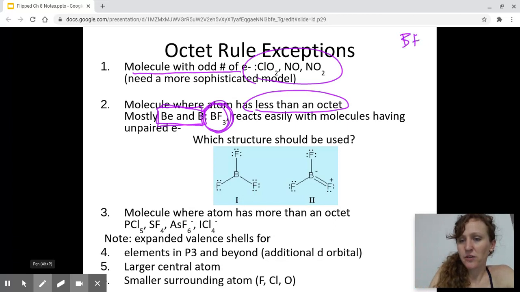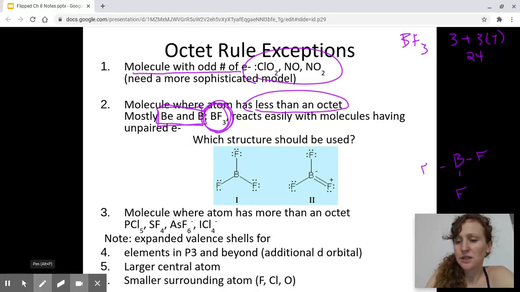If we have BF3, we have how many for boron? 3 for boron, and then 3 times 7 for fluorine, so 21, 24. We have 24 total electrons. You're going to connect them all to boron because it's the least electronegative element. We've used 6. We have 18. 1, 2, 3, 4, 5, 6, 7, 8, 9, 10, 11, 12, 13, 14, 15, 16, 17, 18.